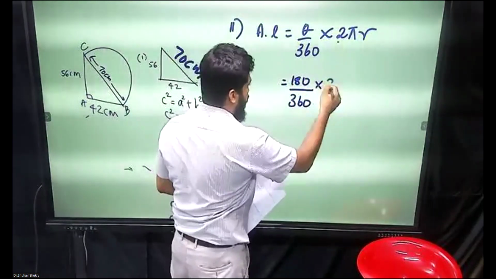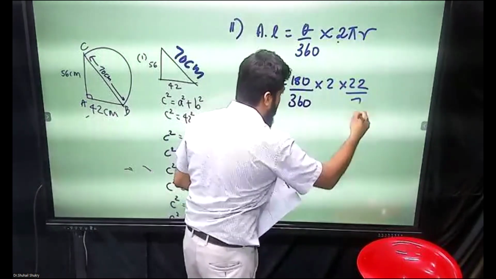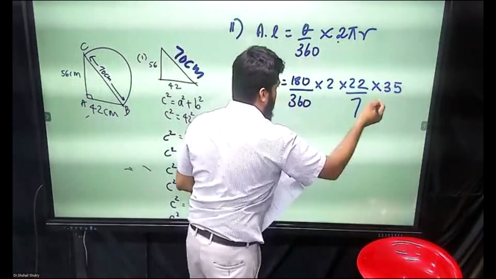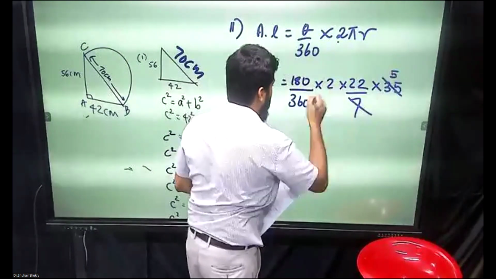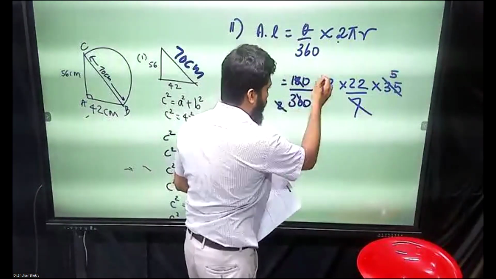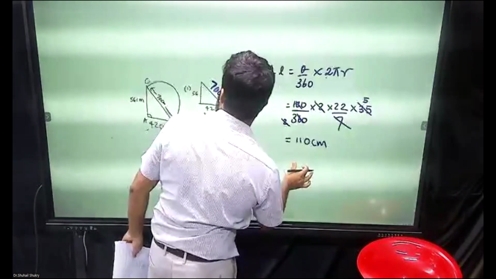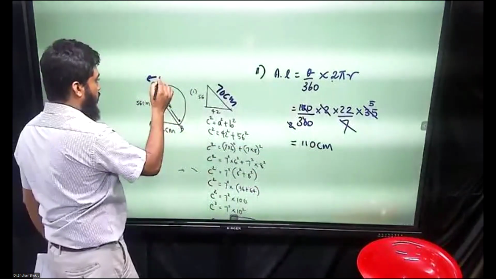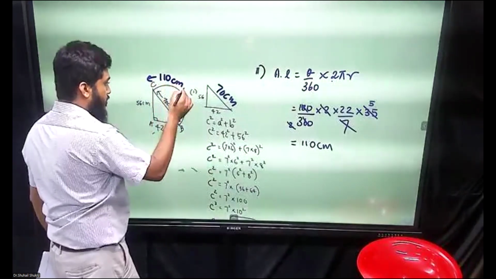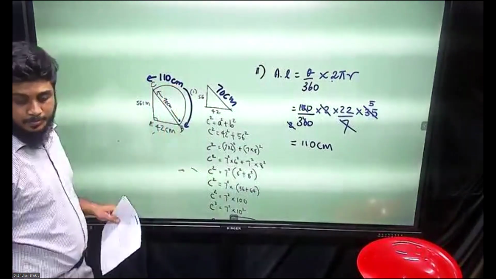For pi we should write 22 over 7, and the radius is 35. 7 and 35, 5 here; 2 and 2 simplify. 5 into 22 means 110 centimeters. Again, this one only we found, from here to here, 110 centimeters.